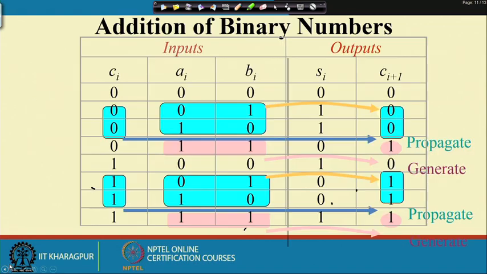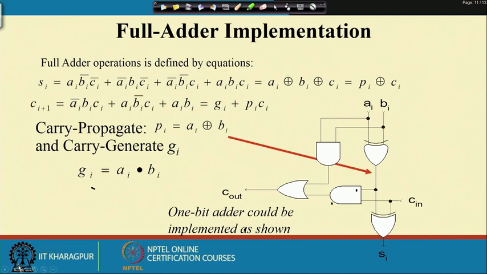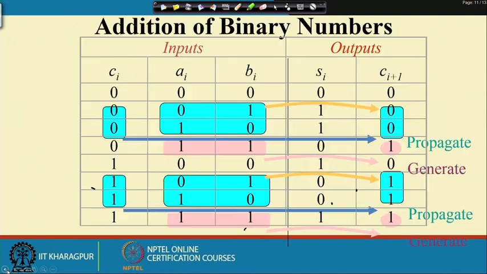If you just go back to the previous slide, whenever it is 0 1 and 1 0, if the carry input bit is 0, at that time the carry output bit is 0. Whenever it is 0 1 and 1 0, if the carry input bit is 1, at that time the carry output bit is 1.